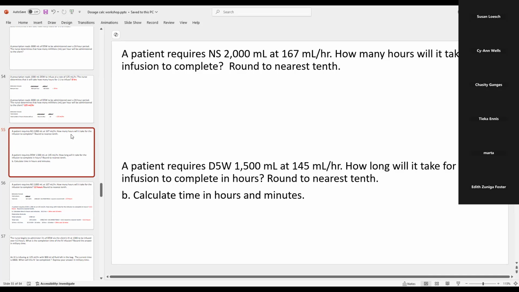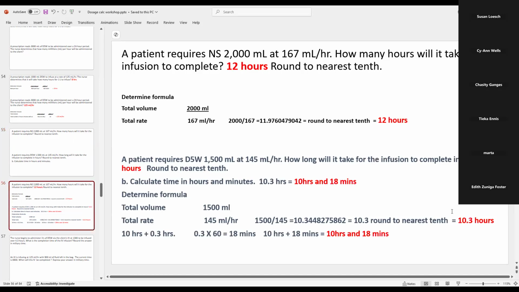Anybody still calculating here? Okay. How'd we do? Did good. Great. Edith, were you able to calculate these? Yes, I was. Thank you.